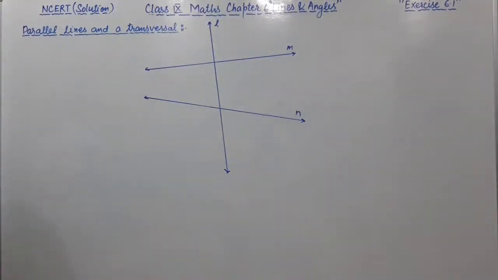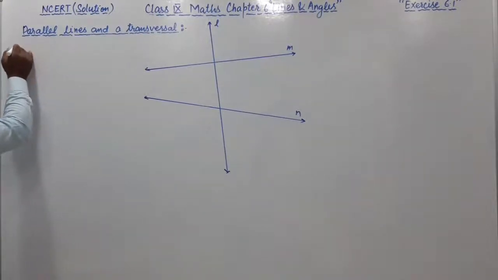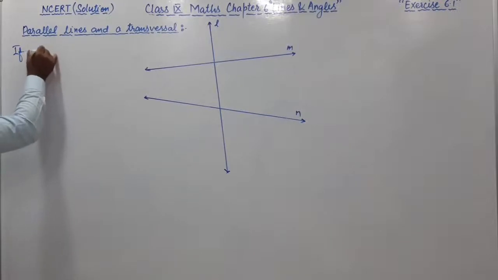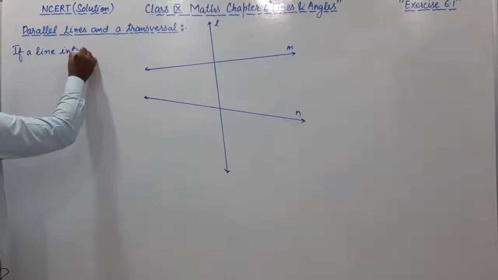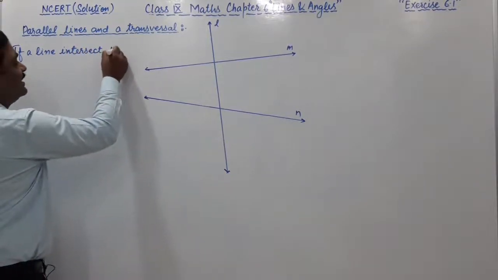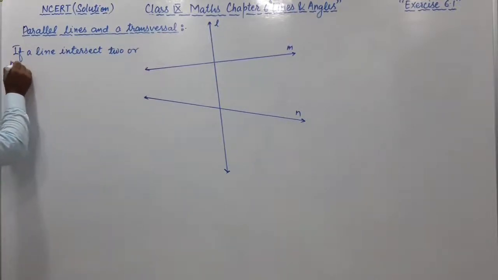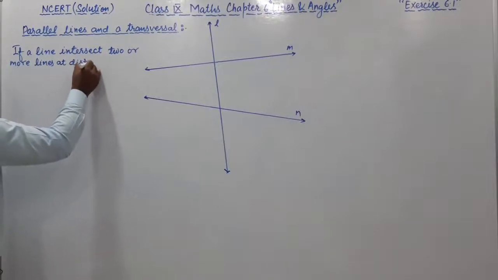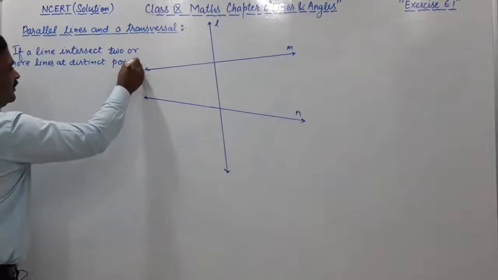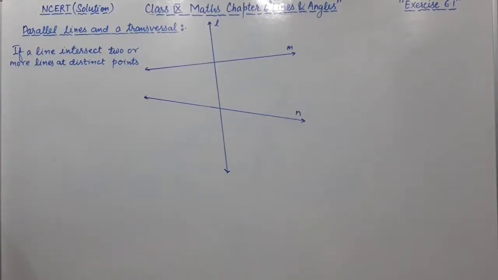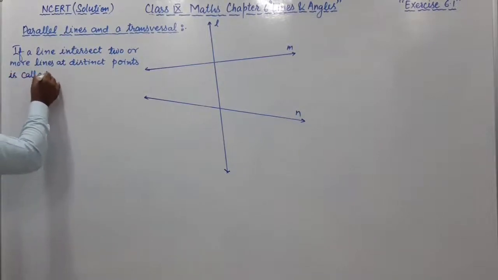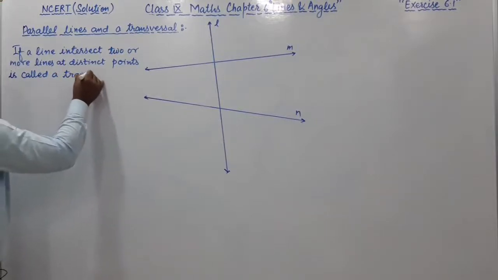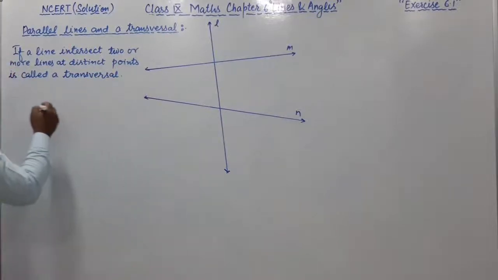So you need to write down the definition: if a line intersects two or more straight lines at distinct points, then it is called a transversal. Transversal. Right, friends?